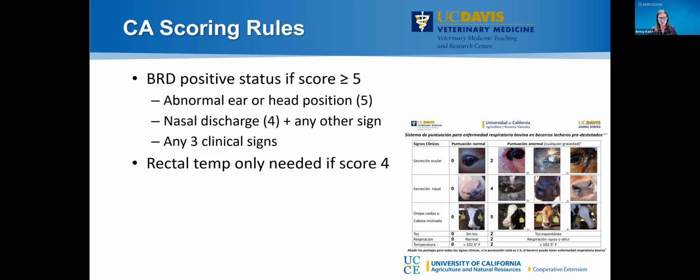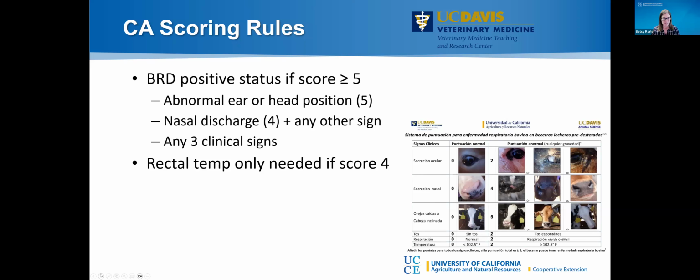So say the calf has a cough and is breathing heavily, but doesn't have any nasal discharge or eye discharge, then that's a case where we probably want to get in and take a temperature to really decide if that's a calf that we want to treat or not. But oftentimes, the scoring system will help you understand where a calf is at in the disease status without actually needing that rectal temperature.